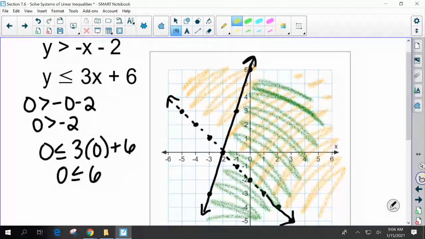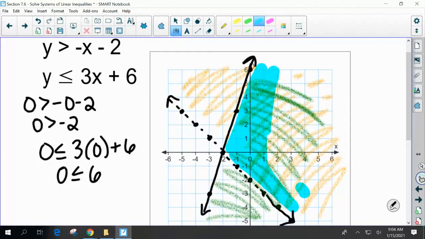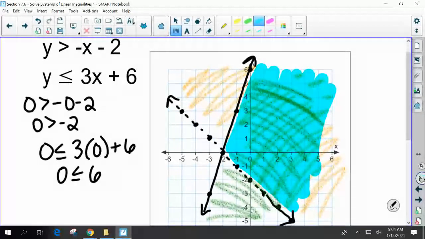I'm going to go through with a highlighter and this would actually be where the solution is. It works much better when you have it on paper and two colors overlap together to make a different color.